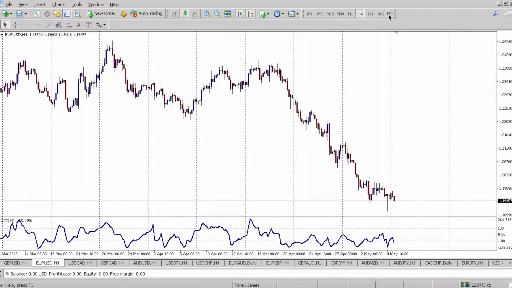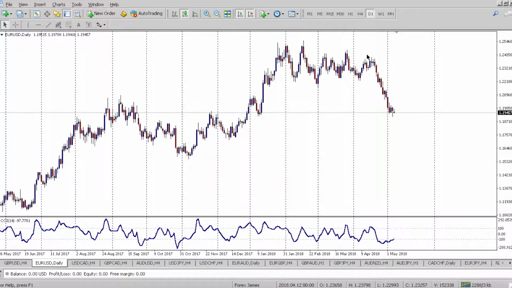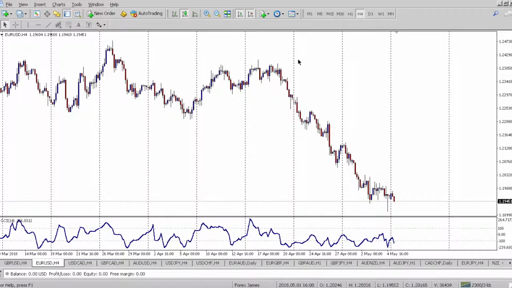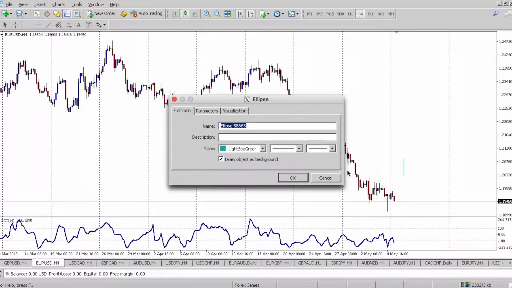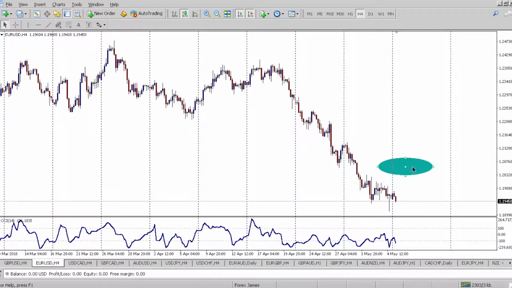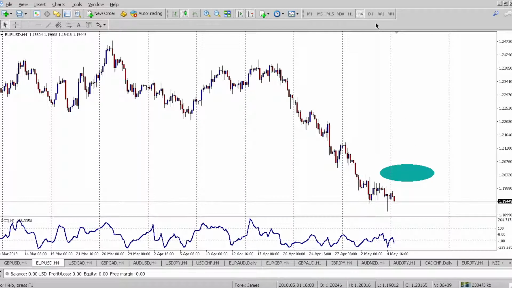Euro dollar, similar to the pound, really just the drop off here. I'm going to look for some sort of range and enter on the rally, on a pullback.